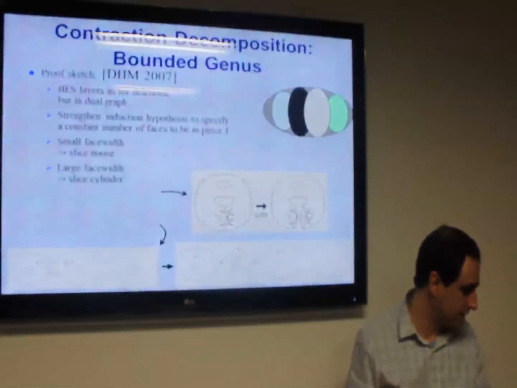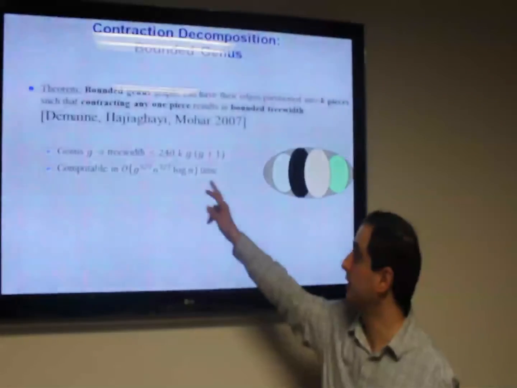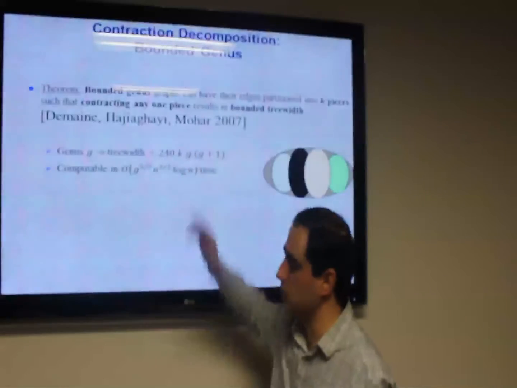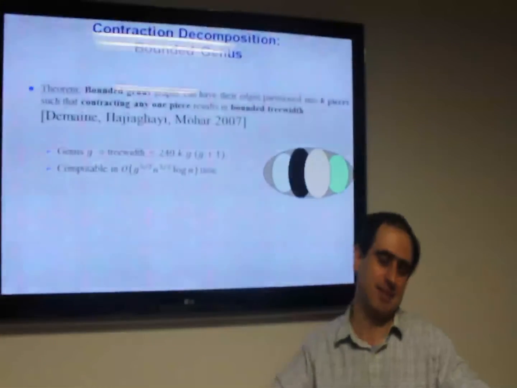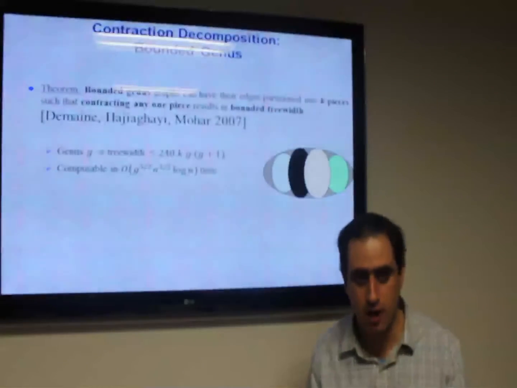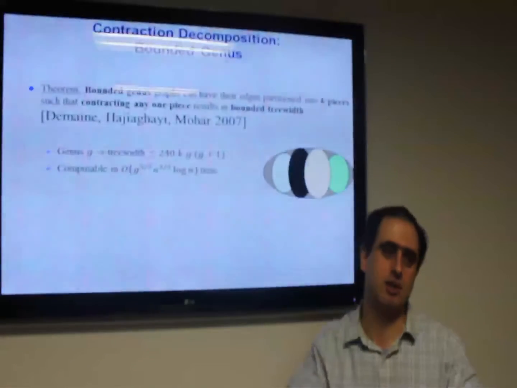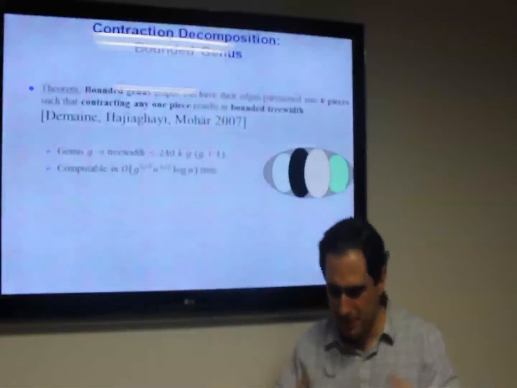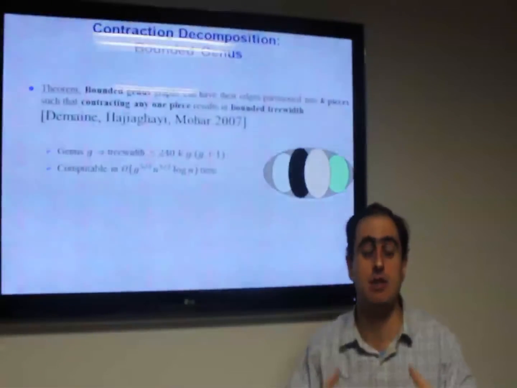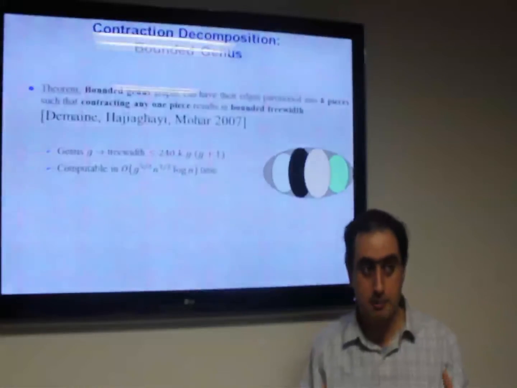If you remember, I mentioned that the tree width would be not just k, but a function of g. So essentially, you need to cut handles. And how many handles do we have? Essentially, g handles. Each time that you cut a handle, you increase the tree width. But the same algorithm that I mentioned also works for bounded genus graphs.